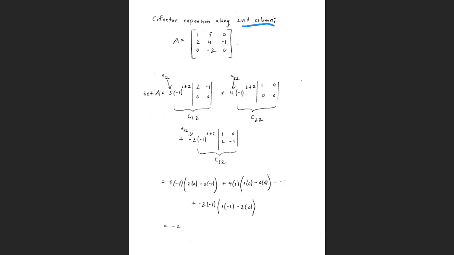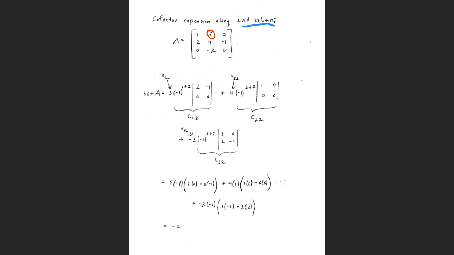I worked it out for you here, but I can just go through a few details. So the first entry in the second column is the 5.